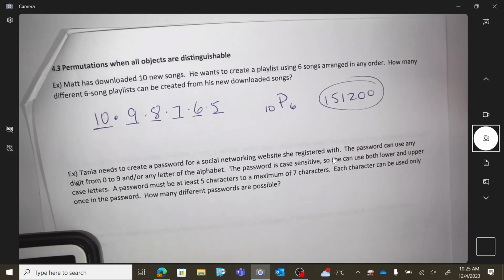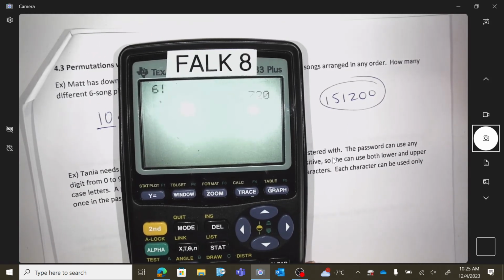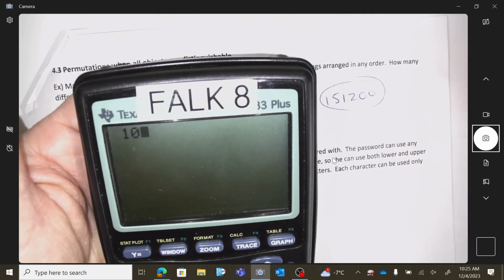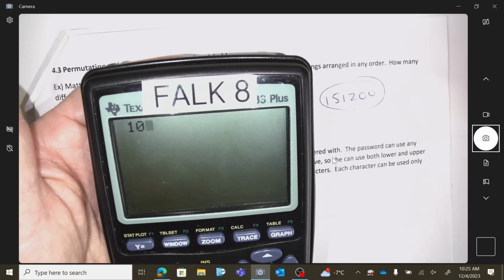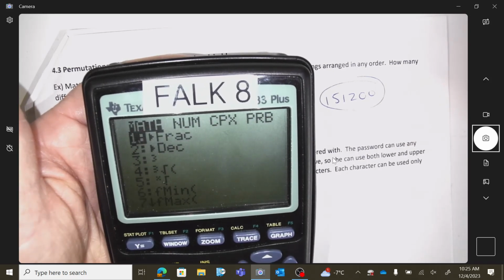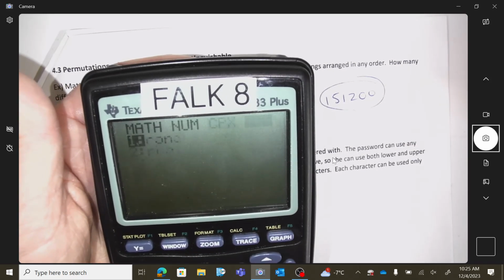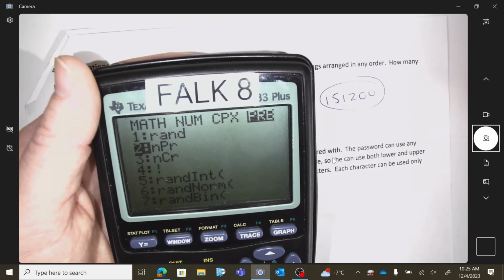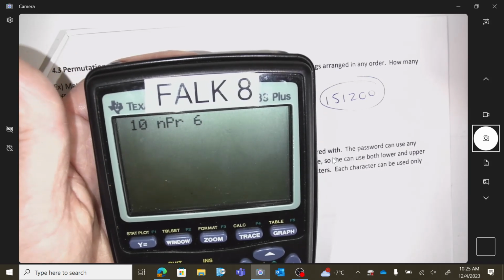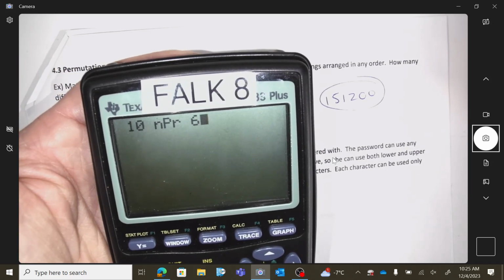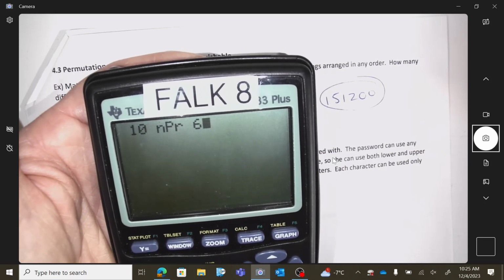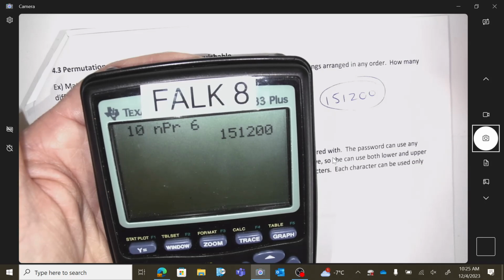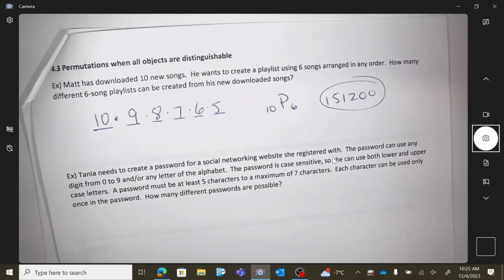On your big calculator, if you're using it, I need you to type 10 on your screen. Then you hit math. Then you hit probability. And then you do the P, number 2. And then you hit 6 after that. Okay, so you have to push 10 before you go into that menu and get that. Okay, so that's how many different arrangements you can do.